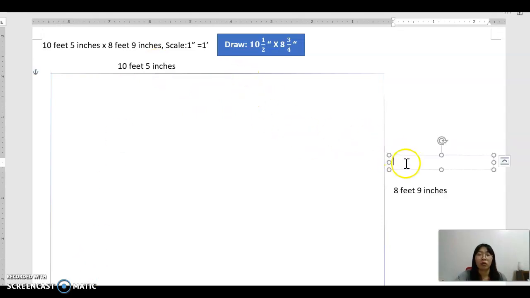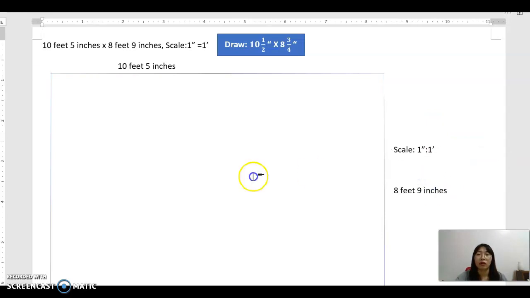The original measurements on both sides. Remember to put the scale. Then now we have completed our drawing to scale. Thank you for your time.